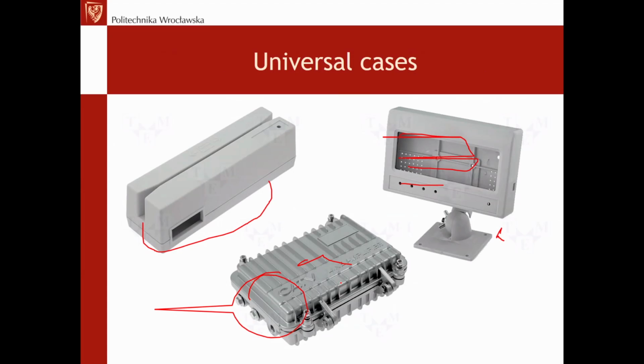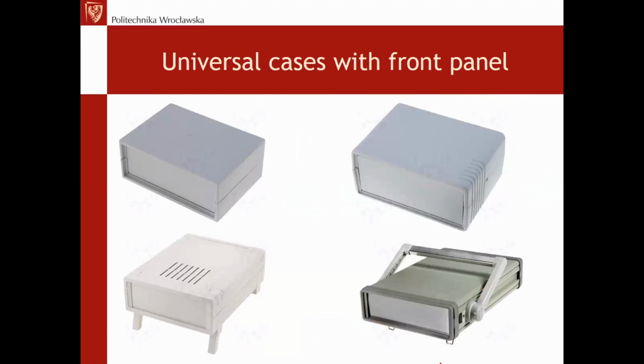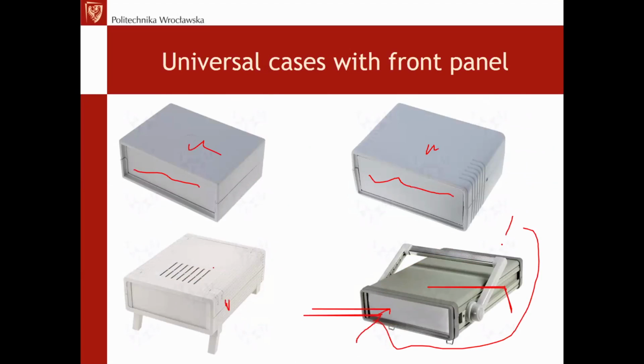That's way number 3. So universal cases, printed cases, and cases made in a traditional way. Yet don't forget, if you want to order cases of this kind or of this kind, done for you on an individual order, the cases will be horribly expensive.